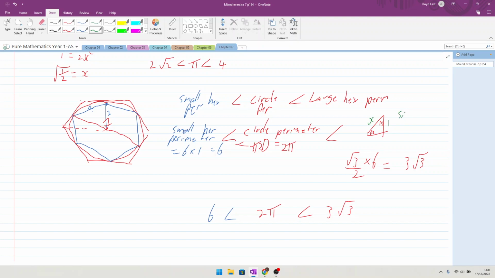So the cos of 30 is equal to 1 over x, therefore x is equal to 1 divided by cos 30. 1 divided by the cos of 30 is 2 root 3 over 3.